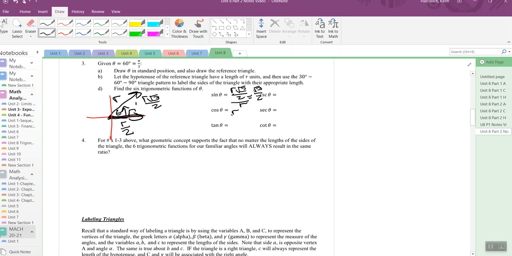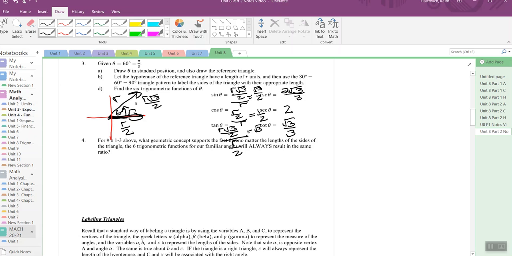The cosine is r over 2 over r, which is 1/2. And the tangent now is r rad 3 over 2 divided by r over 2, which is rad 3. So then you take the reciprocals. The reciprocal of rad 3 over 2 is 2 over rad 3, which is 2 rad 3 over 3. And this is 2. And then 1 over rad 3 becomes rad 3 over 3.